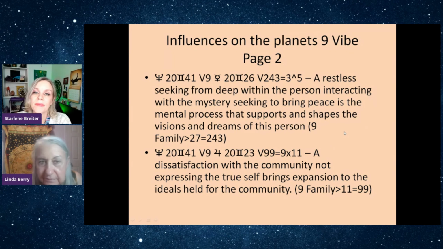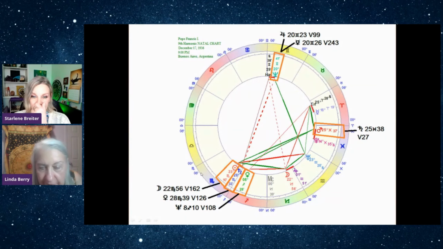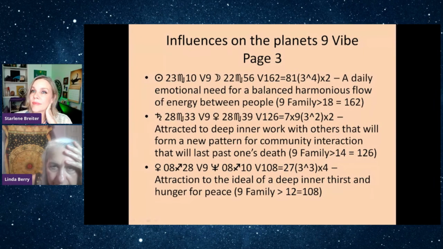Okay, so now this triple conjunction over here about universal beauty or the beauty that lasts past death. What additional information do we have here? Okay, this is vibration 162, which is the 18th member of the 9 family. 9 times 18 is 162.